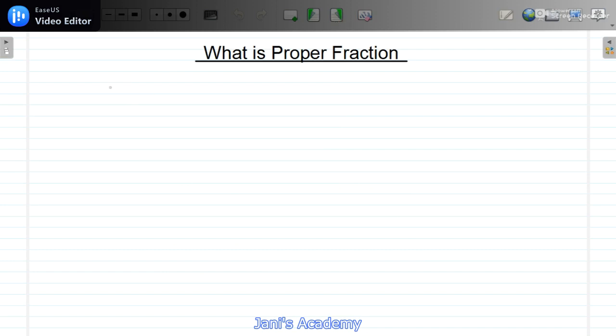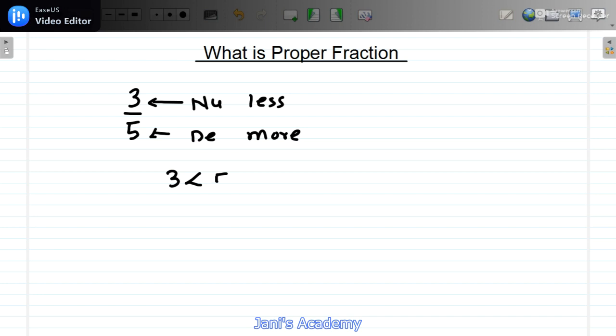If you have a fraction, let's take 3 upon 5, here the numerator is less and the denominator is more. If your numerator is less than your denominator, then it is called a proper fraction.